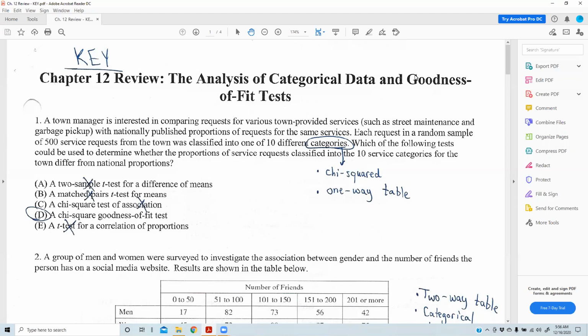And so to that extent, if we look at our answer choices, we're already down to a 50-50 shot. A is gone because A is a t-test. B is gone. B is a t-test. E is gone because E is a t-test. So that leaves you with C and D.